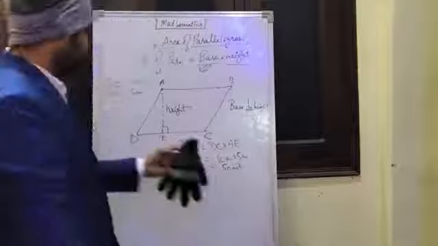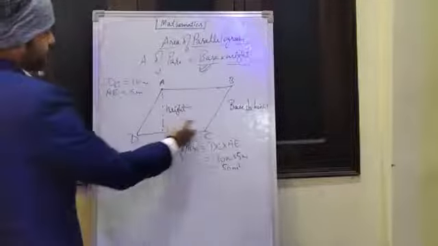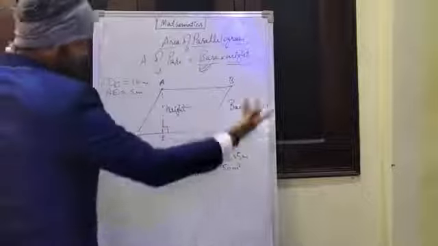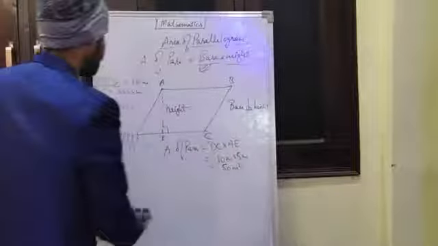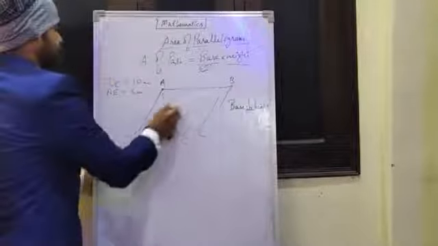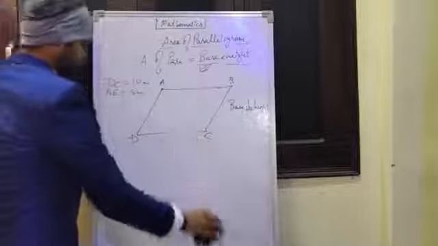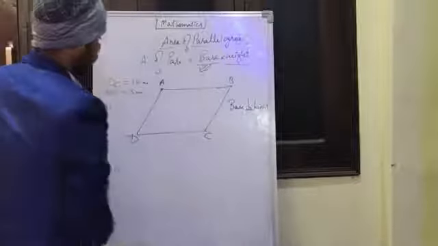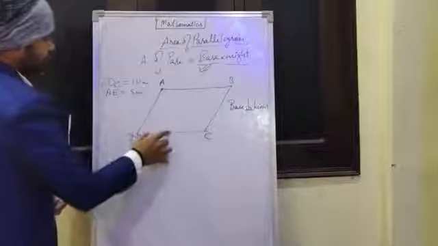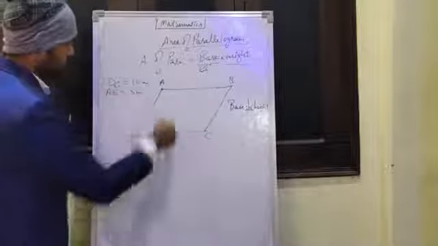Now if I say that I don't want to take this DC as a base, I can take BC also as a base. So let us try to draw height for BC, taking BC as a base. I should know the height. Now see, please don't consider the height as only a vertical line.